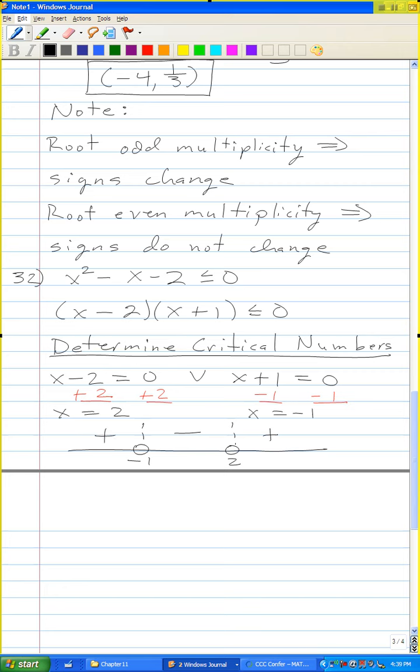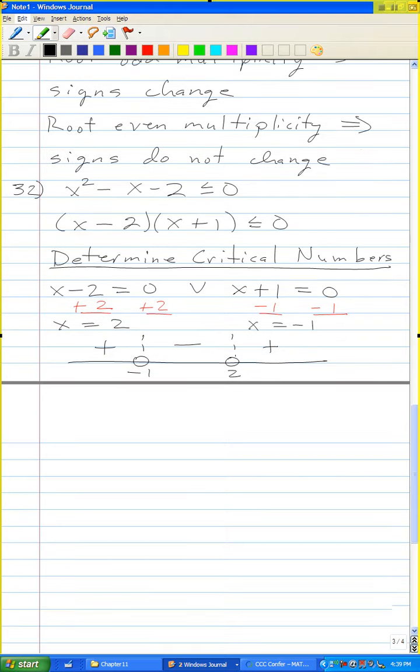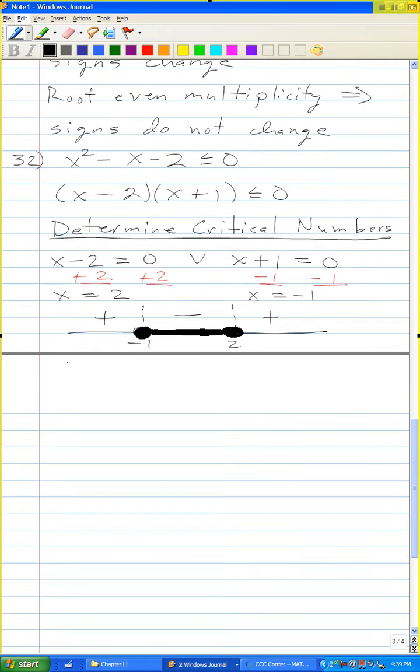I want this to be less than 0, and so I will fill in where it says plus. And I want it to be less than or equal to 0, so let me fill in each of the critical numbers. And so my answer is the closed interval -1, 2.